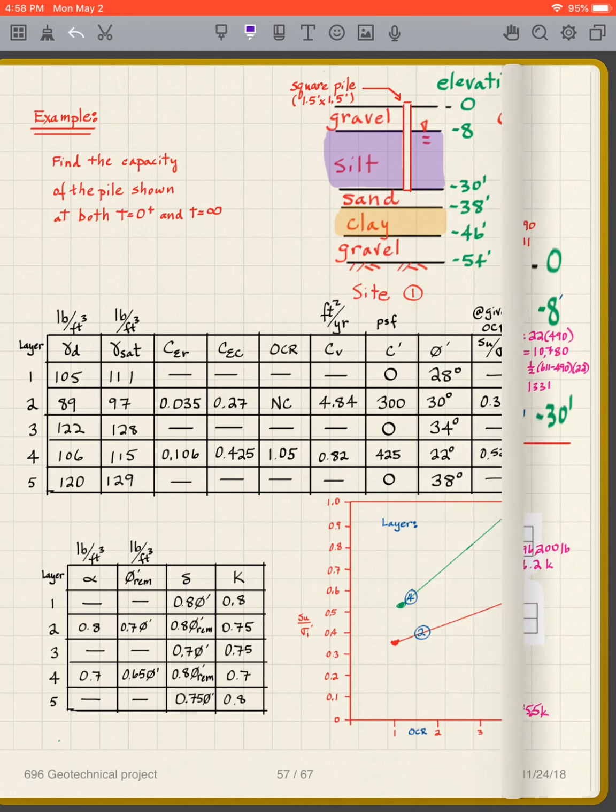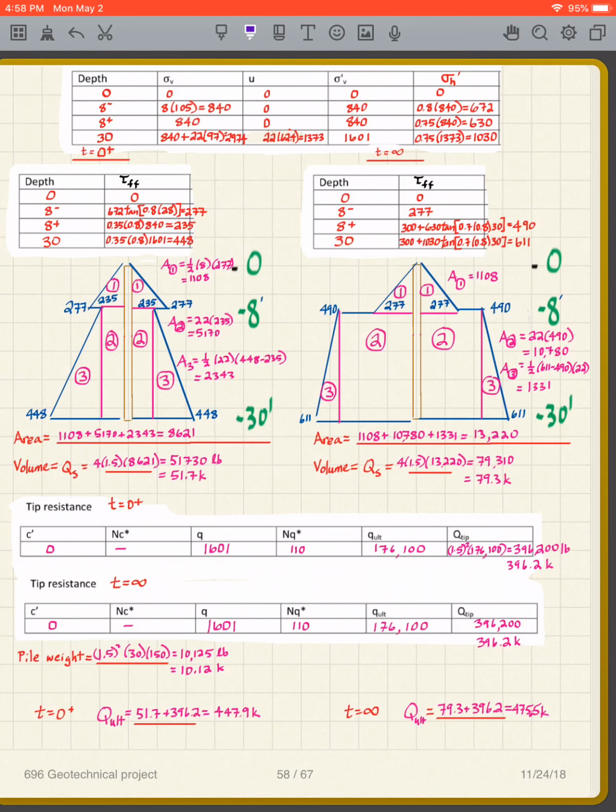So what I get for my tau ff in the gravel then is going to be the tangent of 0.8 times phi prime. So it's going to be the tangent of 0.8 times 28 degrees. And then I take my 672, which is the sigma h prime, put it there, and I get my tau ff in the gravel there.